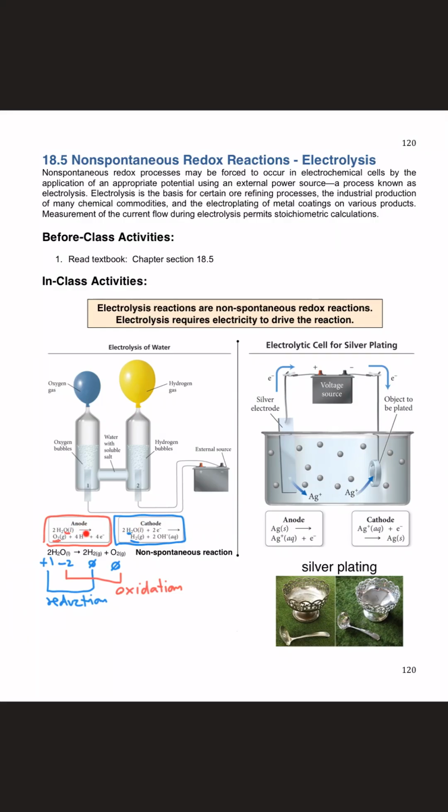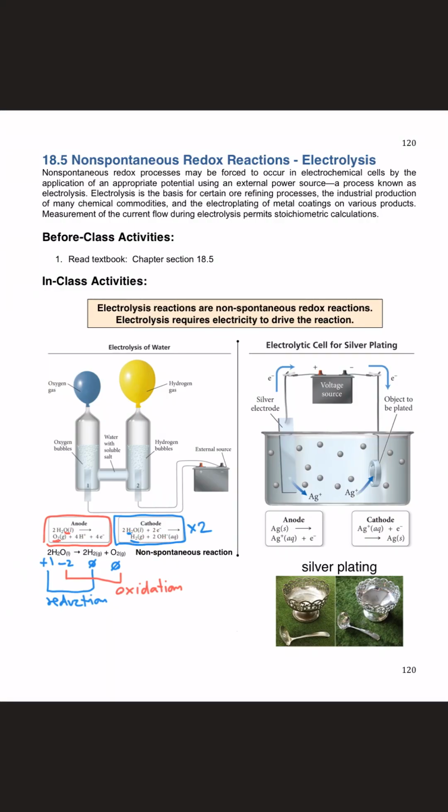To get the overall reaction, you will need to combine these two half reactions. But before you can combine them, please note that the number of electrons is not the same. You will see 4 electrons transferred from the anode, but the cathode accepts only 2 electrons. Therefore, you will need to multiply the reduction half reaction by 2 first.